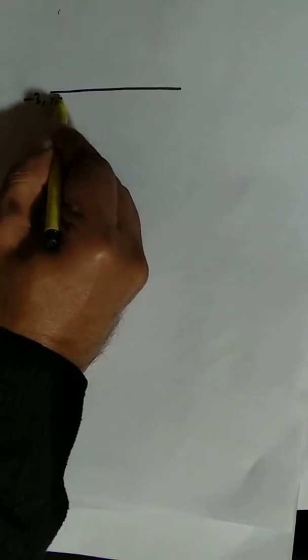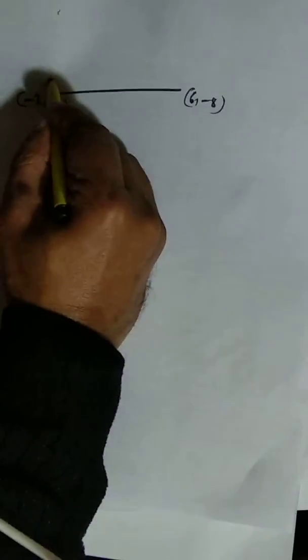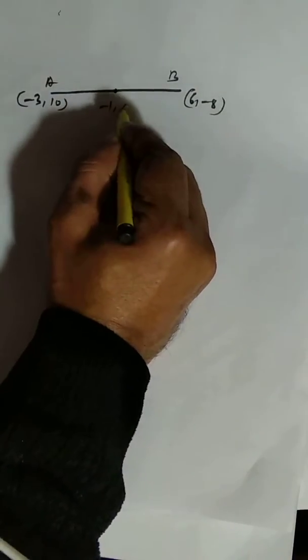For example, find the ratio in which the line segment joining (-3, 10) and (6, -8) is divided by a point having coordinates (-1, 6). What are you going to do?